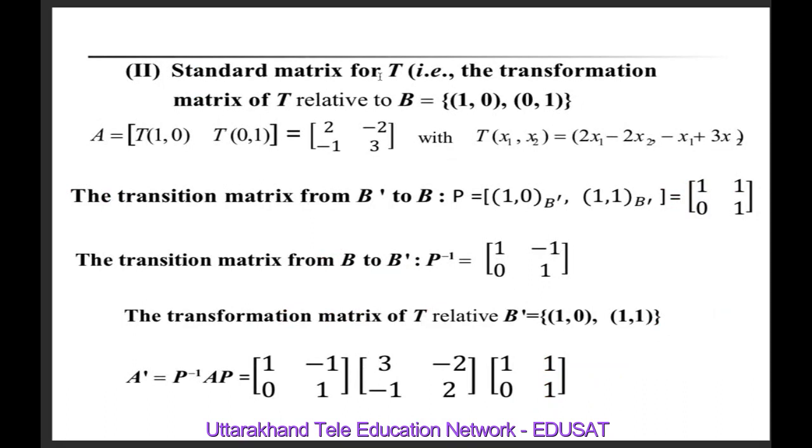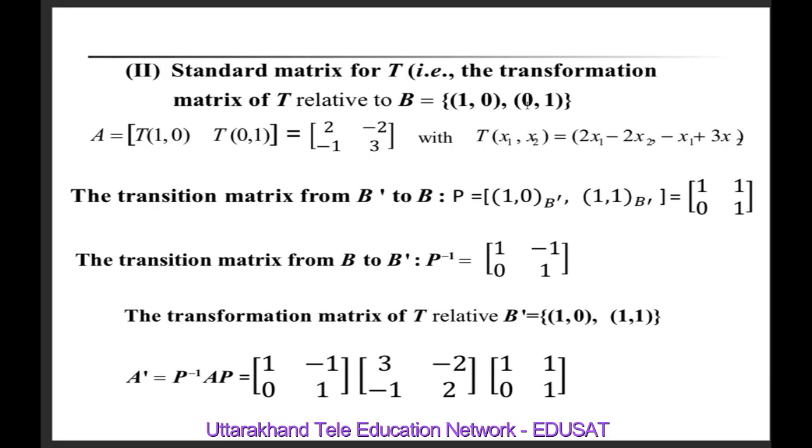Now the standard matrix for T, that is, the transformation matrix of T relative to B, is A equal to [T(1,0), T(0,1)], which is equal to [2, -1; -1, 3], with the transformation (x1, x2) goes to (2x1 - x2, -x1 + 3x2).